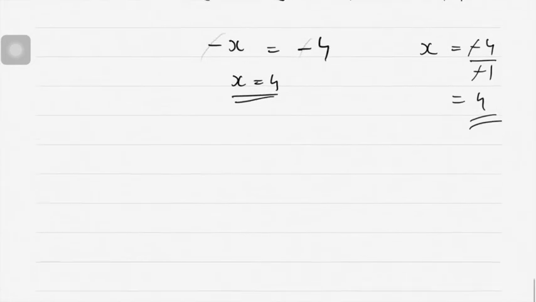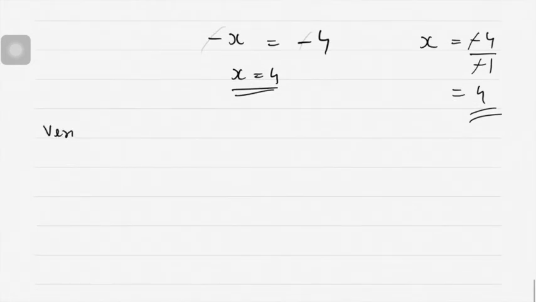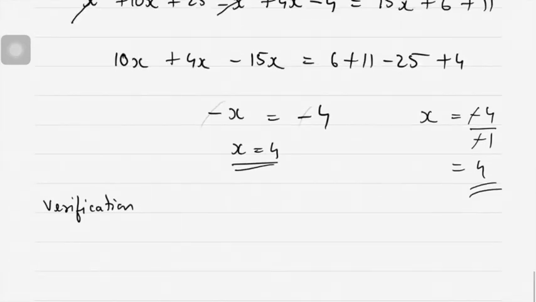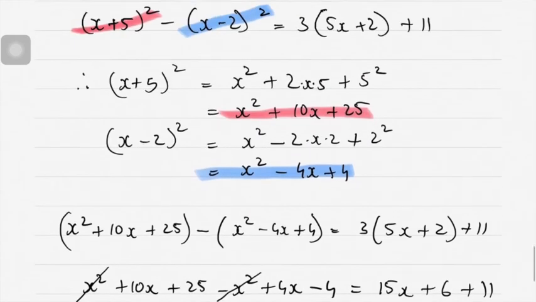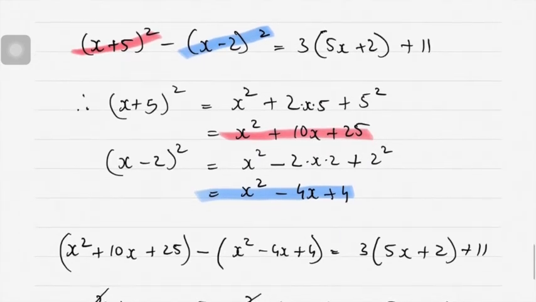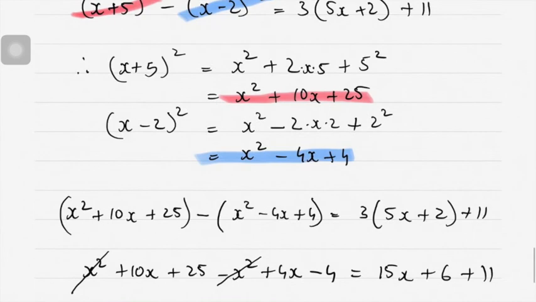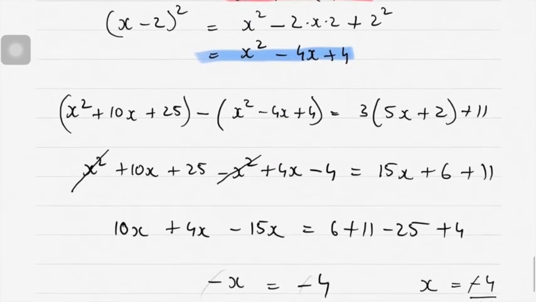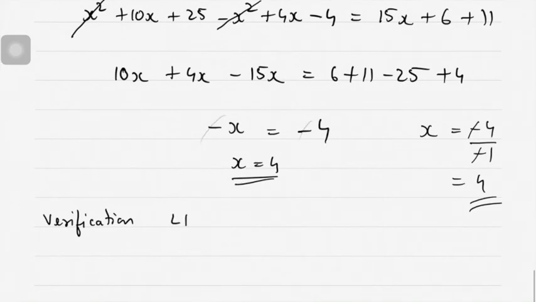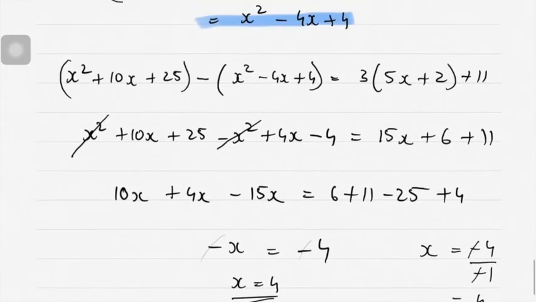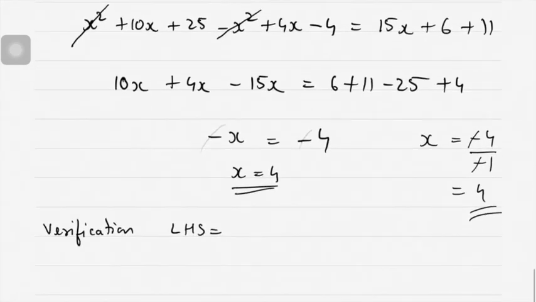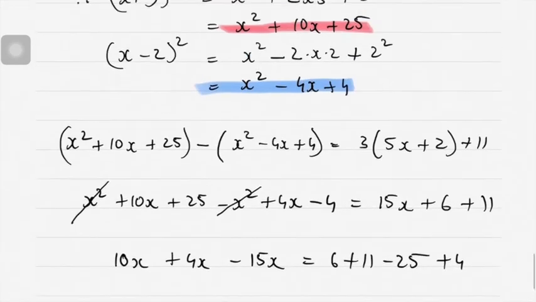I will verify the answer for you. Verification. So instead of writing x, I will write 4. Okay. So my left hand side, LHS, is (x + 5)², right? So instead of x, I'll write 4. Okay.